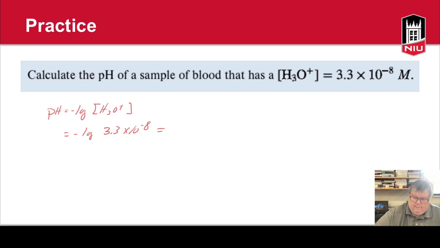And I get 7.48 pH units. Remembering that the number of significant figures is the number of decimal places at the end of our pH measurement.